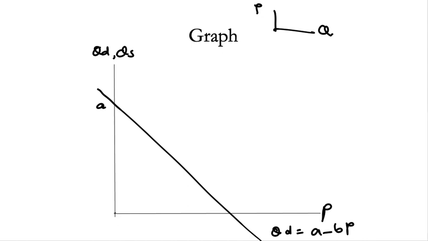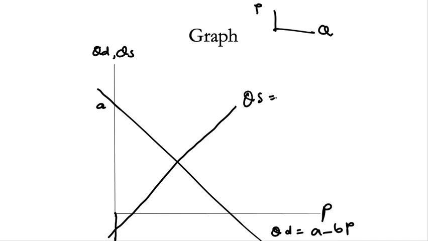Now, let me extend the vertical axis here. And here, we want to draw the supply curve, which is upsloping, and it looks like this, for instance.